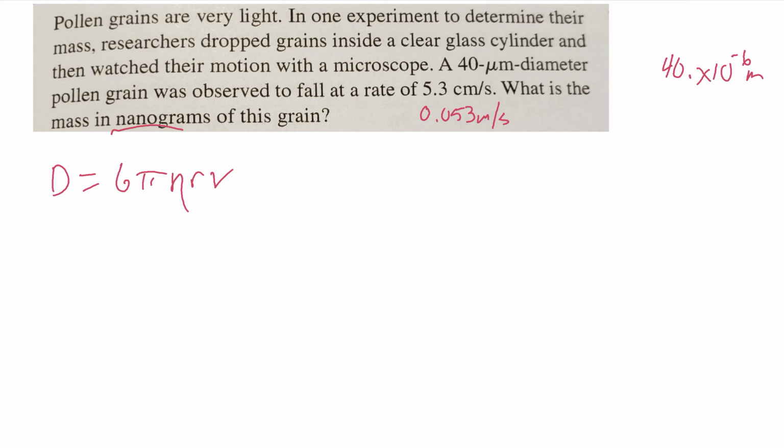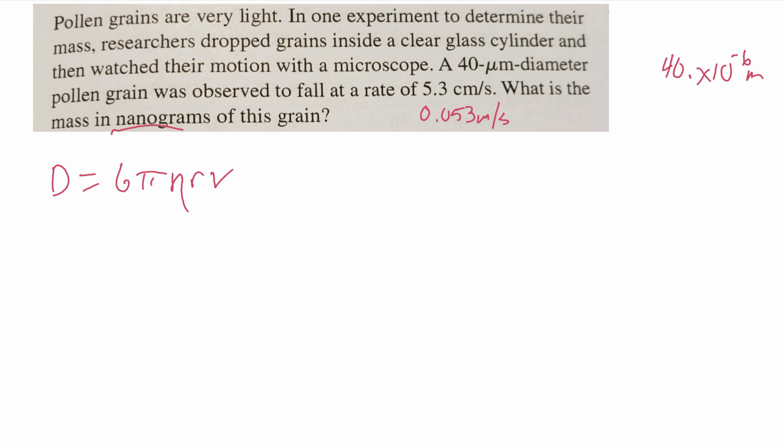The radius is the diameter cut in half. The drag force is set equal to mg, because down is mg and up is the drag force. Does that make sense on a free body diagram?